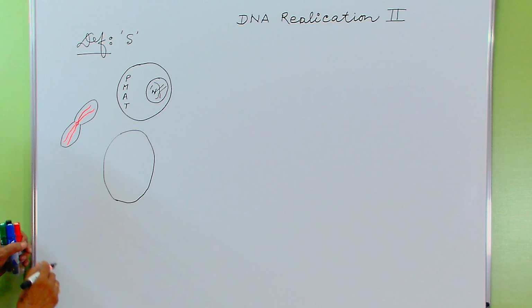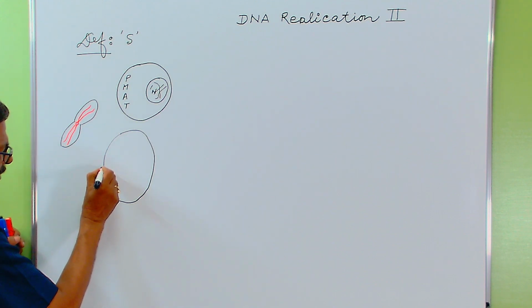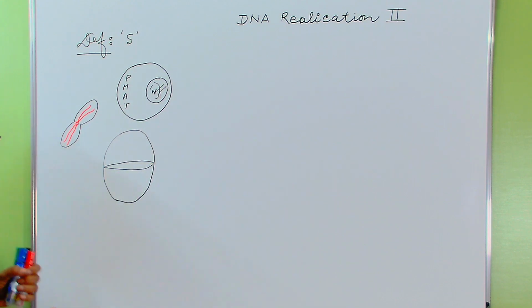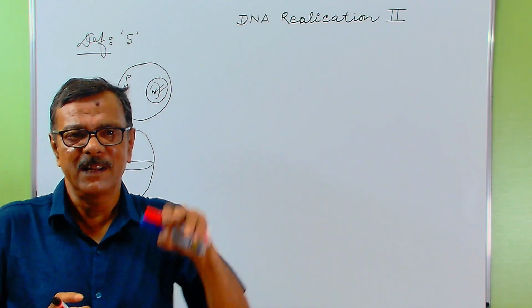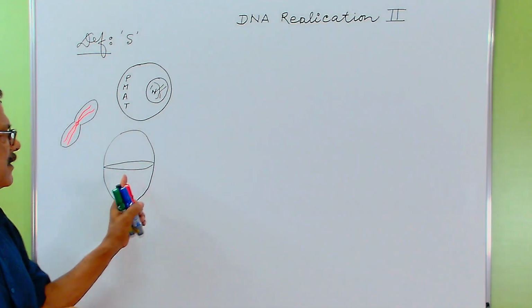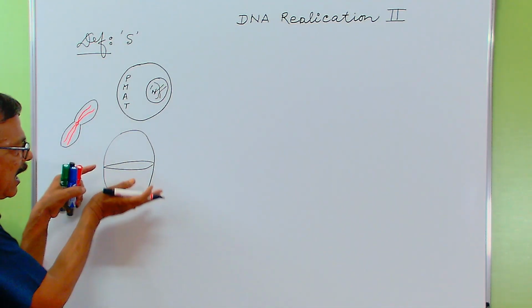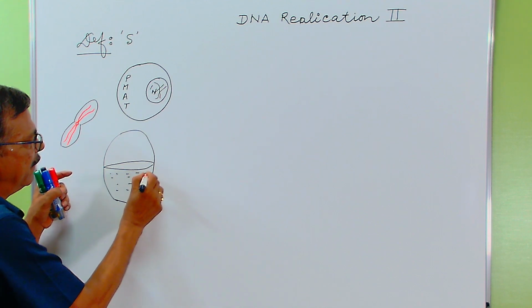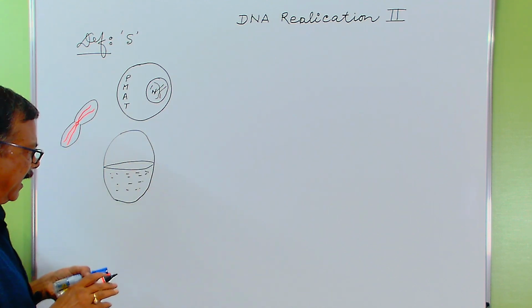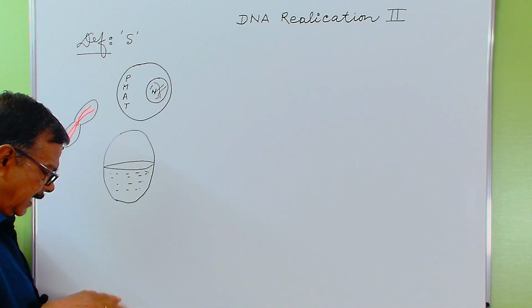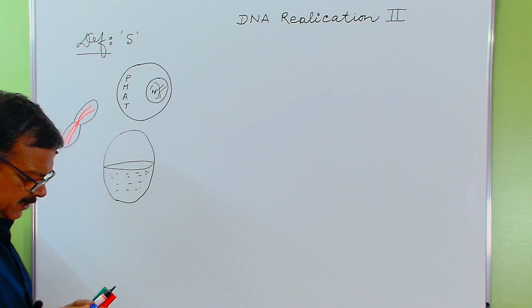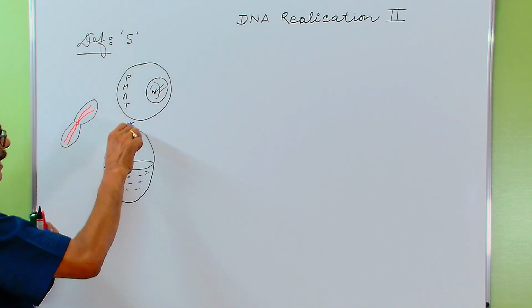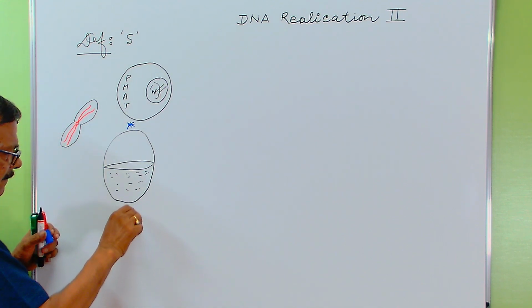Suppose this is the cell, filled with cytoplasm. There were two centrioles; the centriole divides, one centriole here and one here.